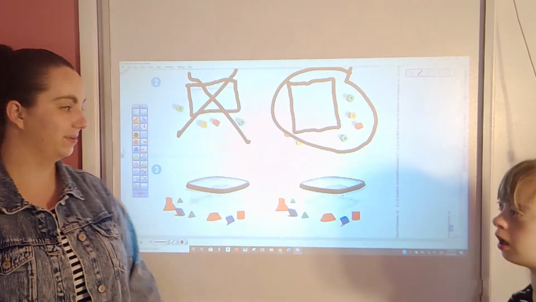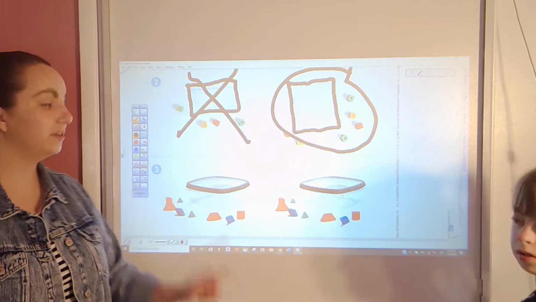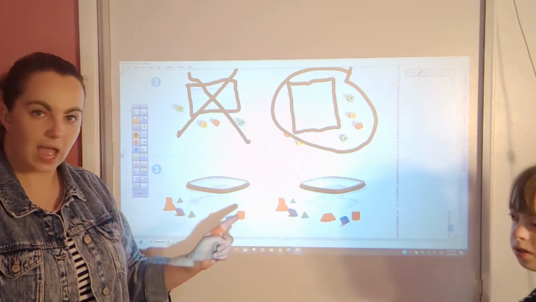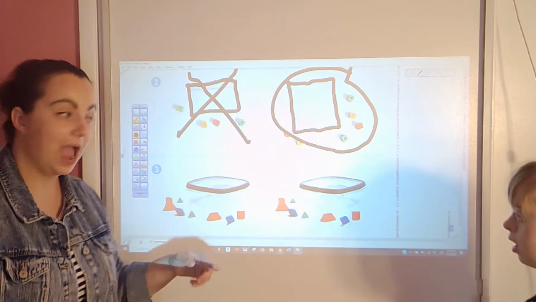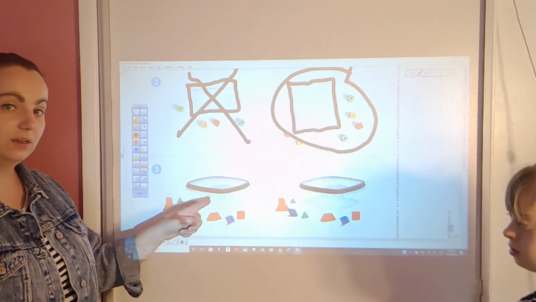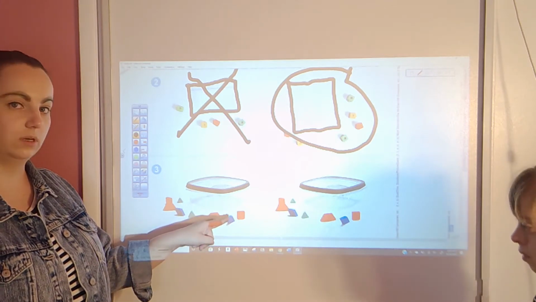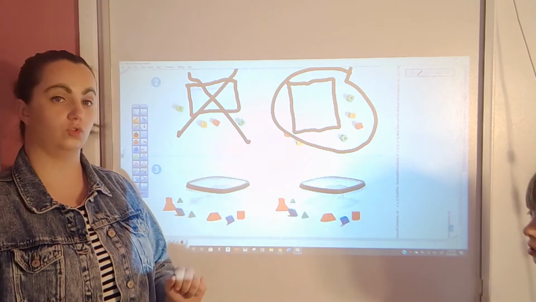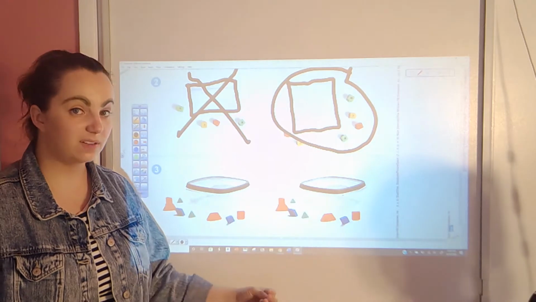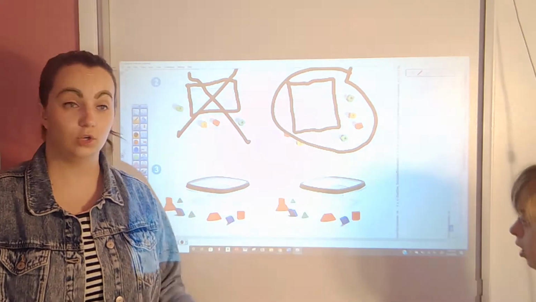I'll help you out. These are the same. Since they're the same, that means the capacity, how much they each hold, is the same. This Tupperware or storage holds this many cubes. This same storage has the same amount of capacity and holds the same number of blocks or cubes.